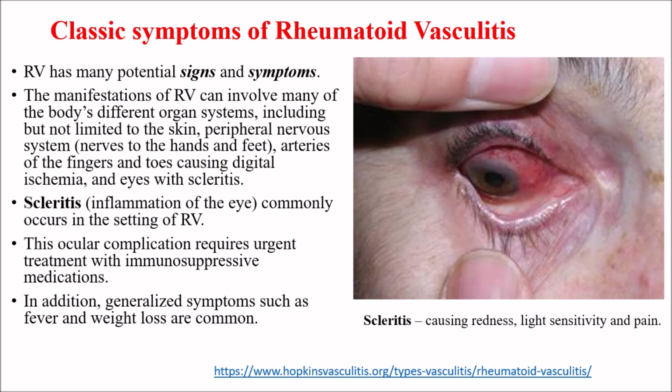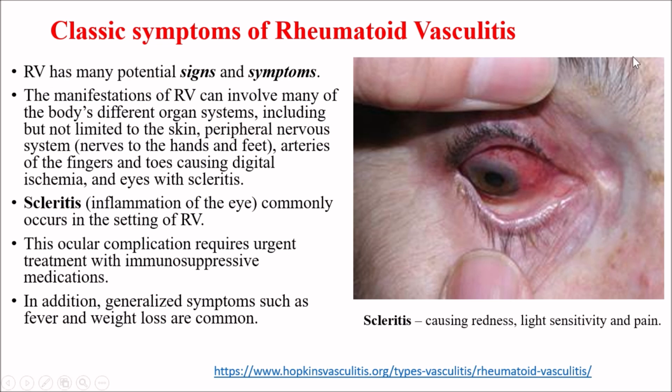The classic symptoms of rheumatic vasculitis. Rheumatic vasculitis has many potential signs and symptoms. The manifestations of this disease can involve many of the body's different organ systems, including but not limited to the skin, peripheral nervous system, arteries of the fingers and toes, causing digital ischemia, and eyes with scleritis.